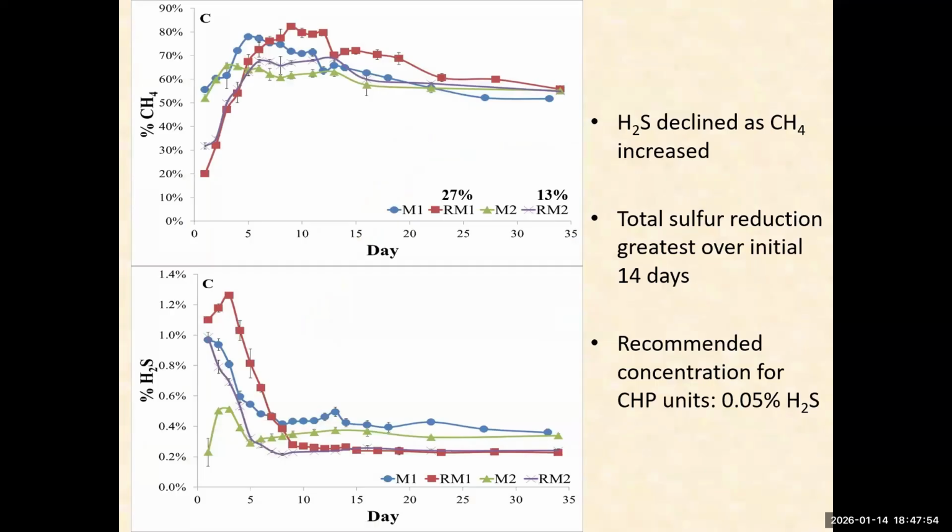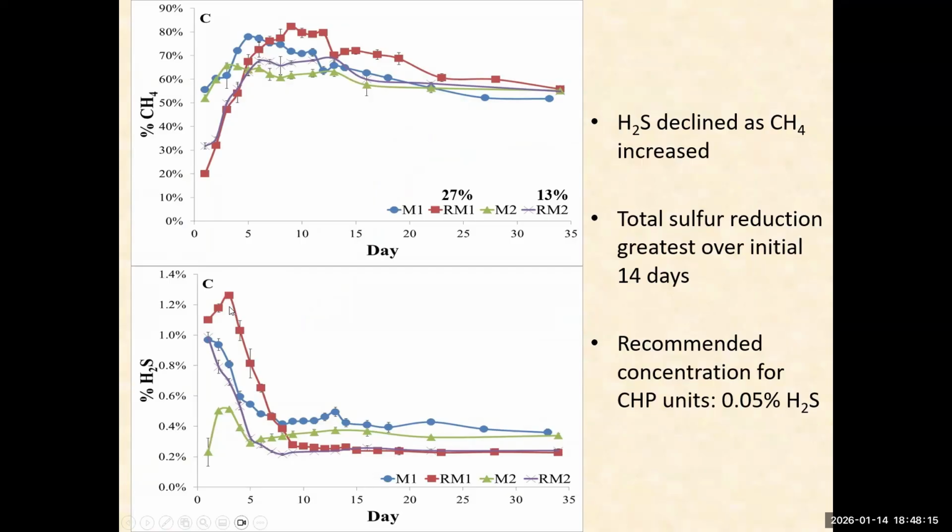And then looking at hydrogen sulfide, these are the 2 graphs that show the amounts of methane as well as hydrogen sulfide in the biogas. And so you can see that during the initial digestion period, there were elevated concentrations of H2S in the biogas.